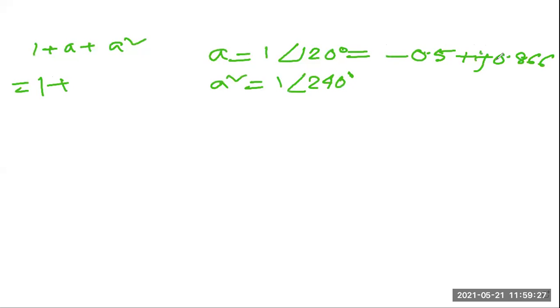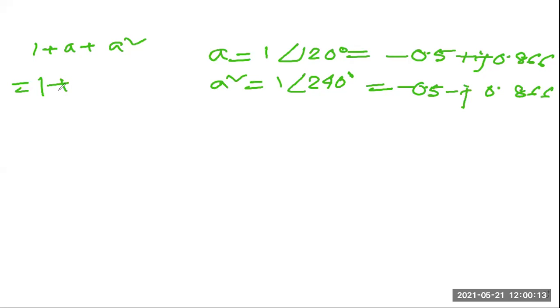Yes or no? Okay. Now what will be this? Cos 240 is minus 0.5, and sin 240 is minus 0.866.